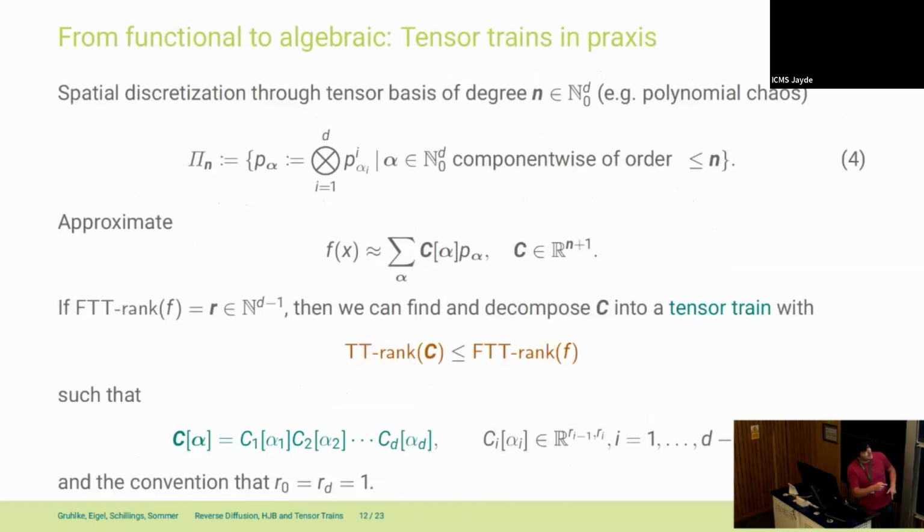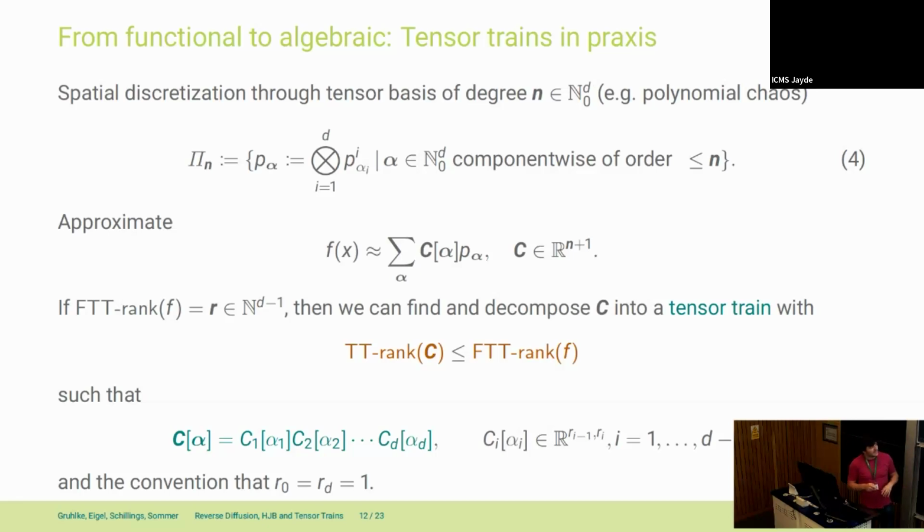Okay, so we can introduce some discretization. That is what tensor trains now do in practice. You usually don't work with a functional point of view, except for the theory. You do some discretization, and you have some algebraic tensor here. You introduce some approximation class, and you have some tensor. And now this tensor needs to be compressed, right? It's a high dimensional object.